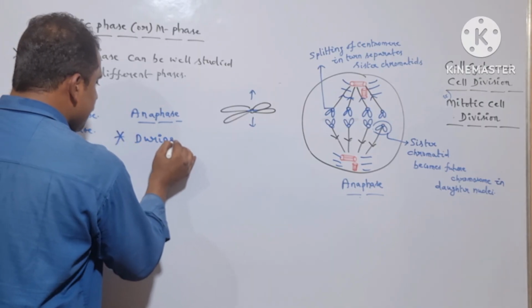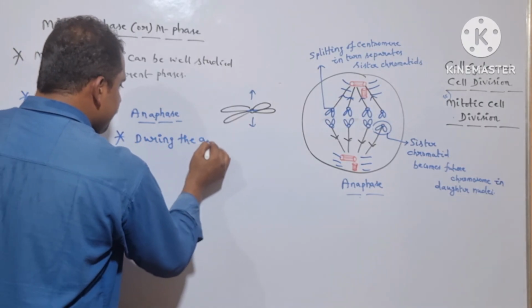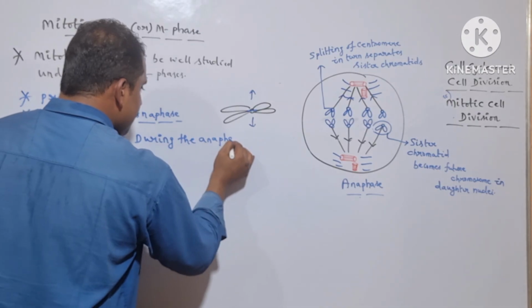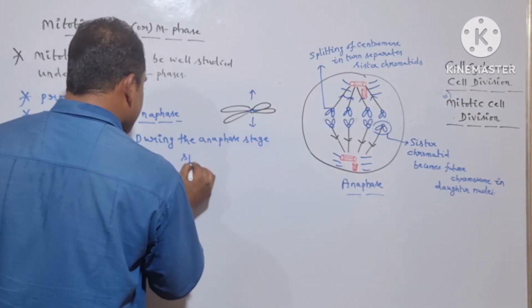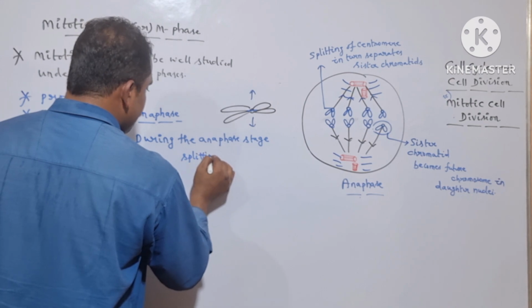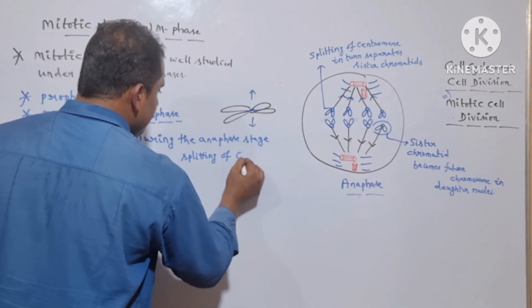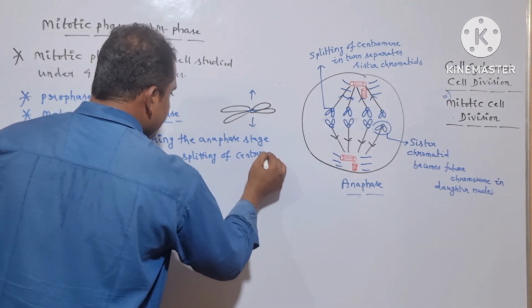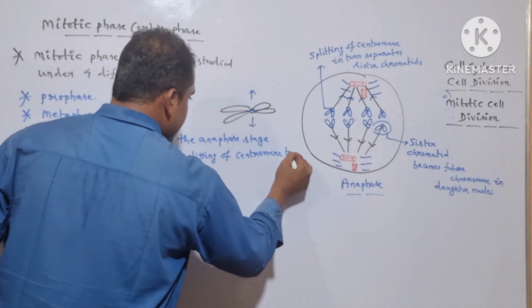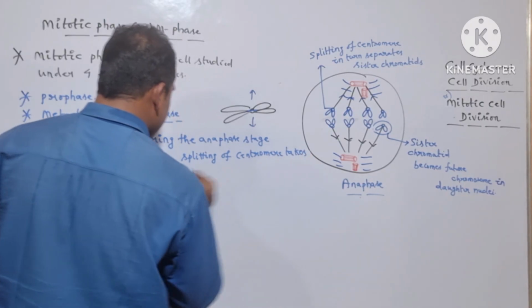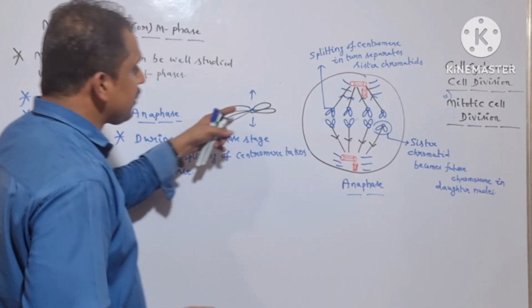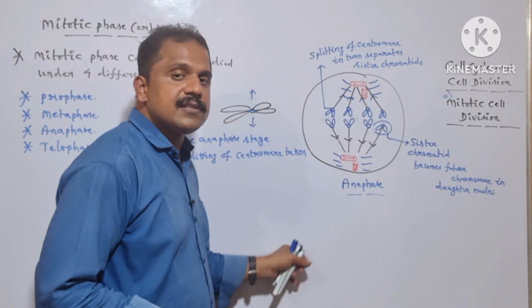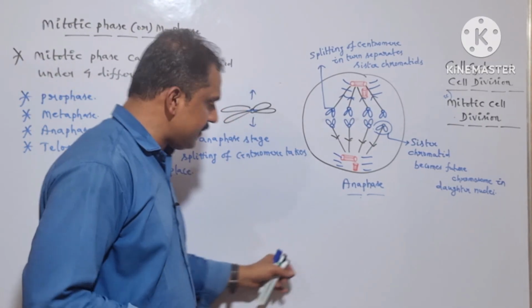During the anaphase stage, splitting of the centromere takes place. So because of the splitting of the centromere, the sister chromatids are ready to migrate towards the opposite spindle pole. Is it clear?